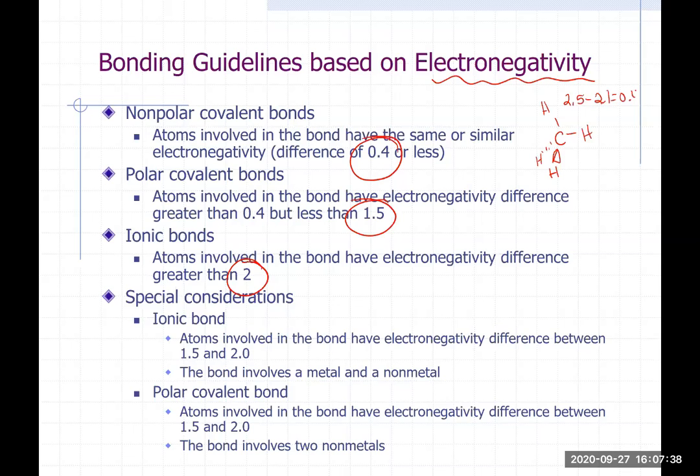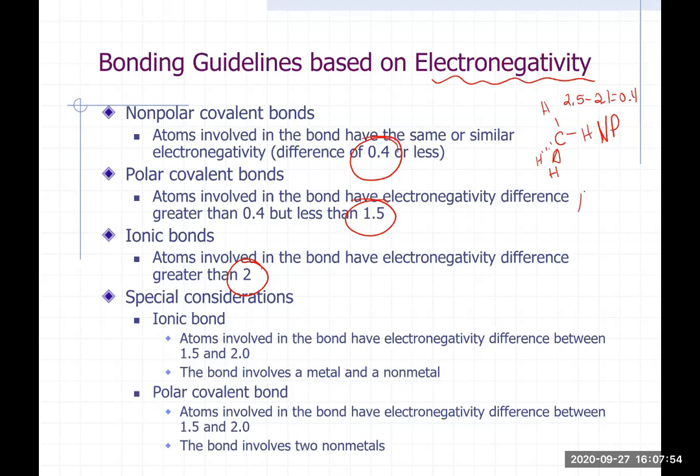That gives us a difference of 0.4, nonpolar bonds.